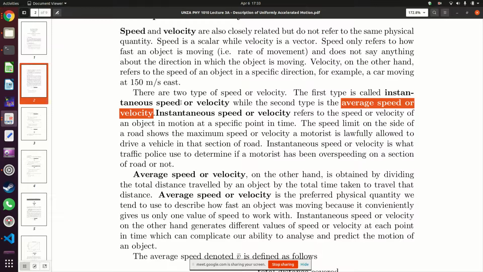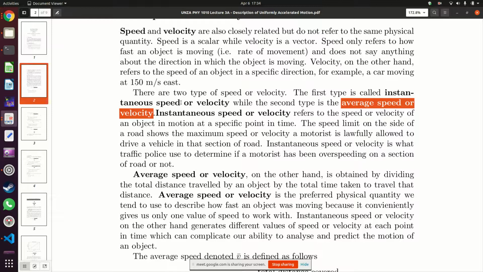So if we start looking at an object, and we say we're going to look at this object for 10 seconds, the moment we start looking at it, we get its speed. That speed which it has when you start looking at it is what's called the initial speed or the initial velocity. After the 10 seconds, we look at the object again and see what the velocity or the speed is. That's the final speed or the final velocity.